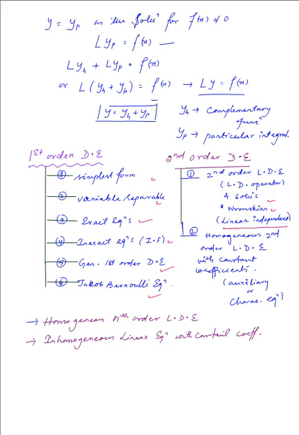And then we have the homogeneous second order differential equation with constant coefficients involving the auxiliary or the characteristic equation, ending with the homogeneous nth order differential equation, and then last but not least, the inhomogeneous linear equations and the various operator methods that we can involve to obtain the solutions.